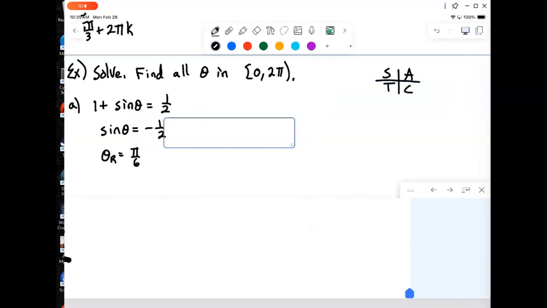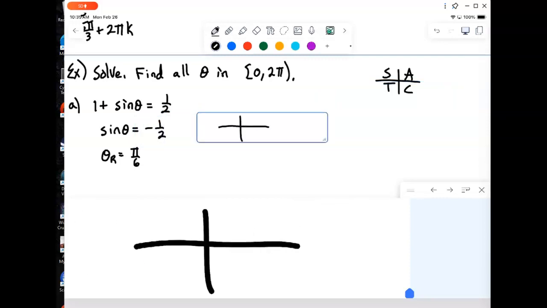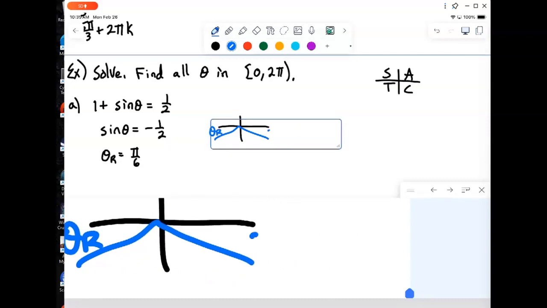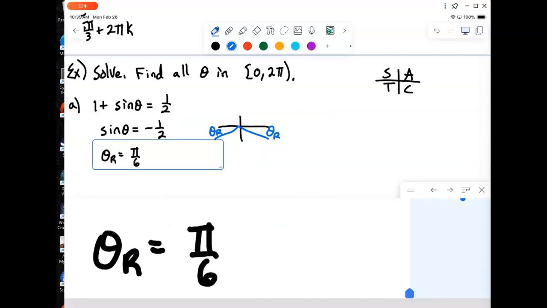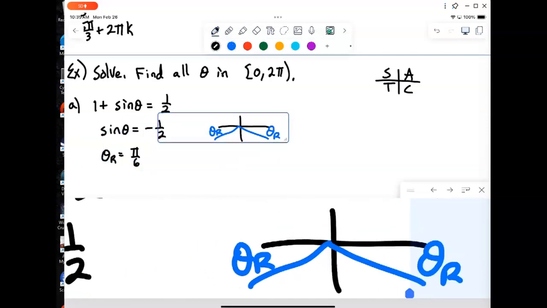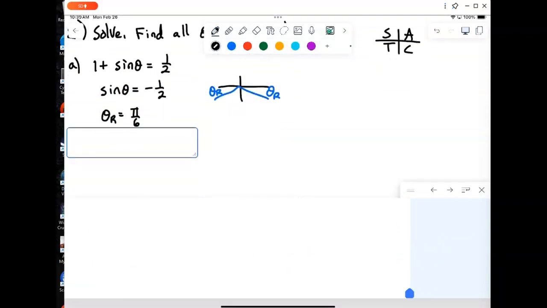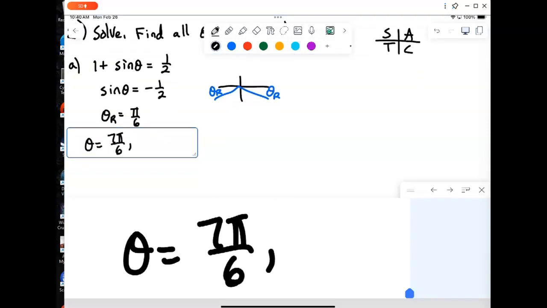So for the negative answers, we take that reference angle of pi over 6 and put it into the third and fourth quadrants, and then we work that out. In one case, we're past pi, so it'll be pi plus pi over 6, 1 1/6, or 7 pi over 6.